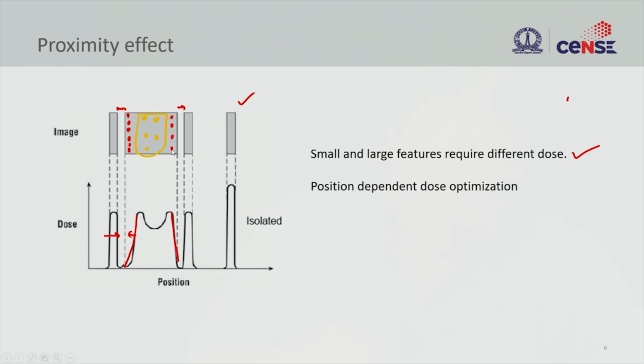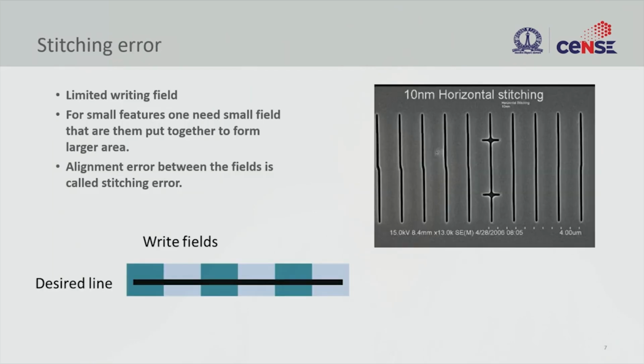This is how you can handle large-area and small-area features to address this proximity effect. So position dependent dose optimization is what you need in order to address proximity effect. This has to be done at the design level itself.